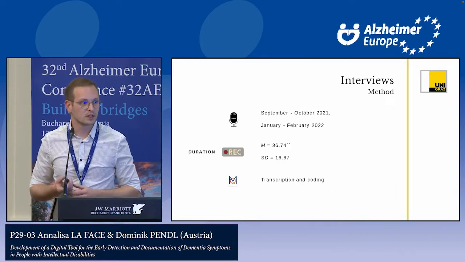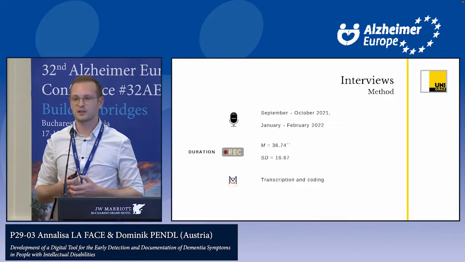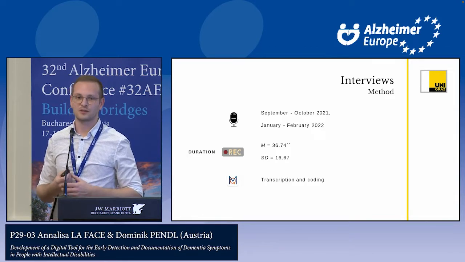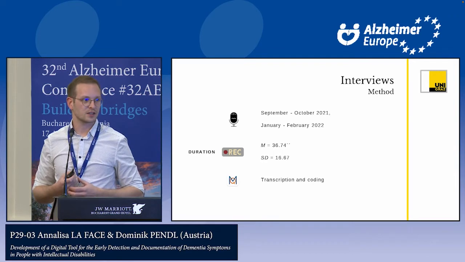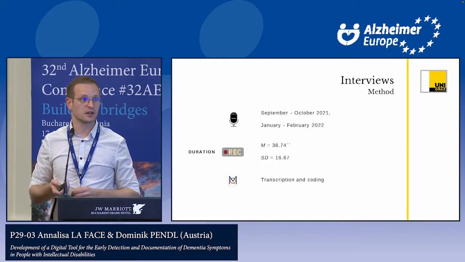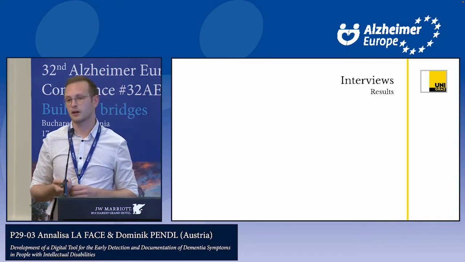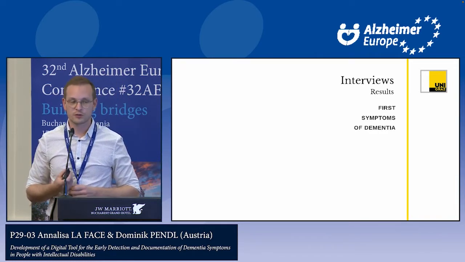What we did, we conducted interviews between September and October 2021. Then there was a COVID break, and we started again in January. We transcribed and coded the interviews, and some of the results which are important for our tool concern the first symptoms of dementia.